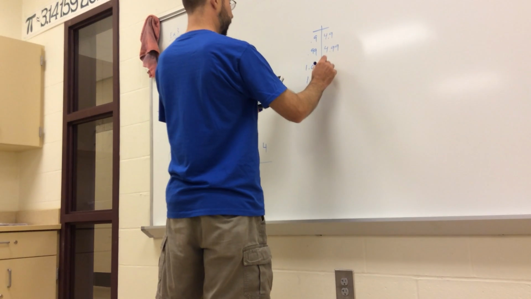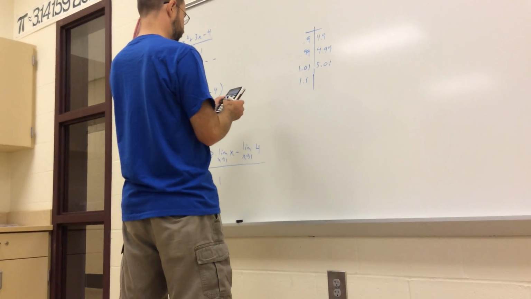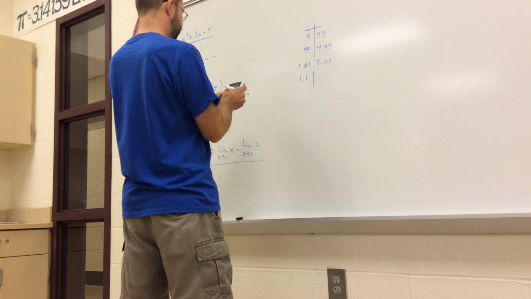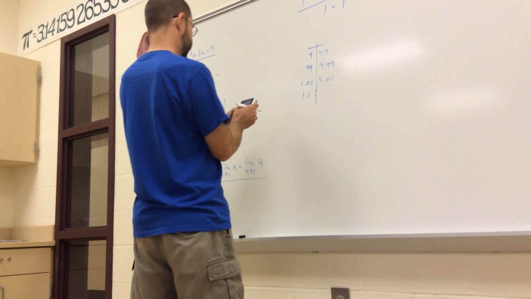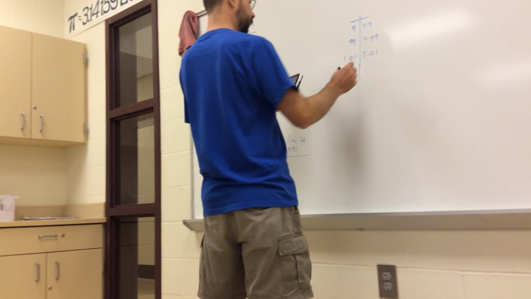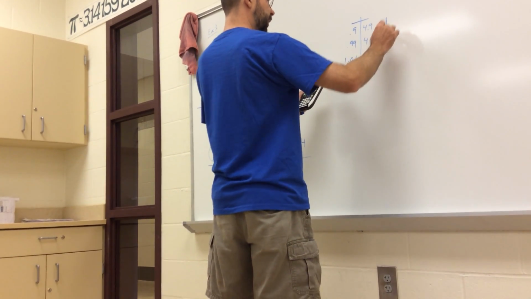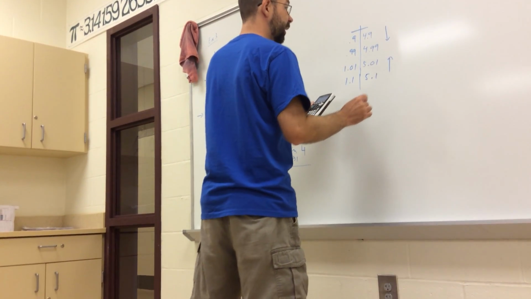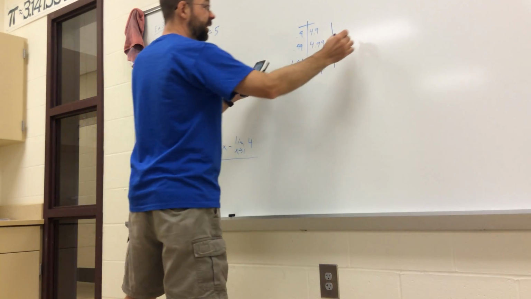That comes out to 5.01. And now 1.1. Bet it's going to be 5.1. Let's see what happens. So it turns out that these numbers are getting close to 5. So this limit is 5. That's the correct answer.